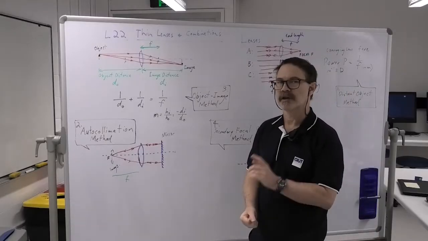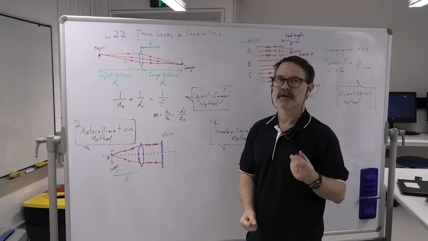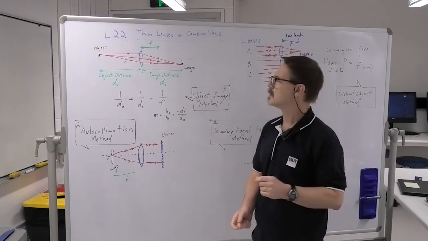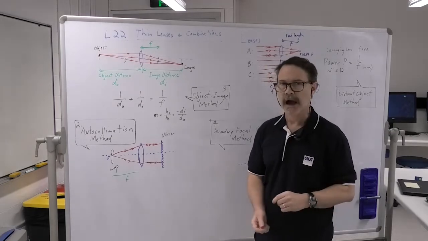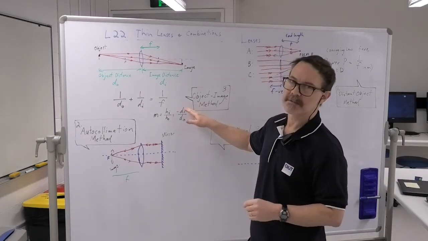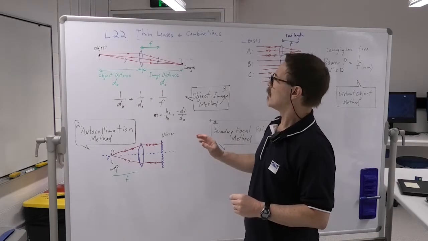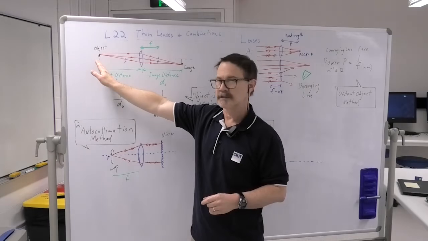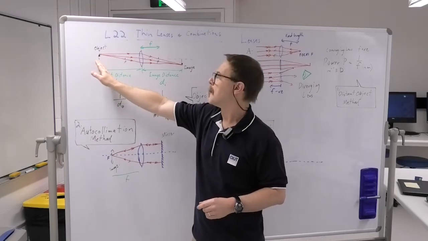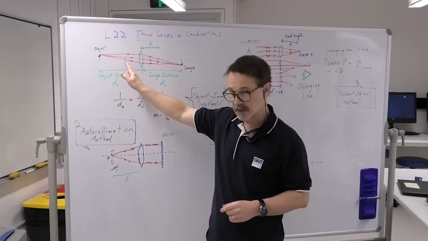The next method that you're going to use to measure the focal length, you'll just be doing this with lens A, actually, is the object image method. So with the object image method, what we do is we put an object not distant but not at the focal length either.